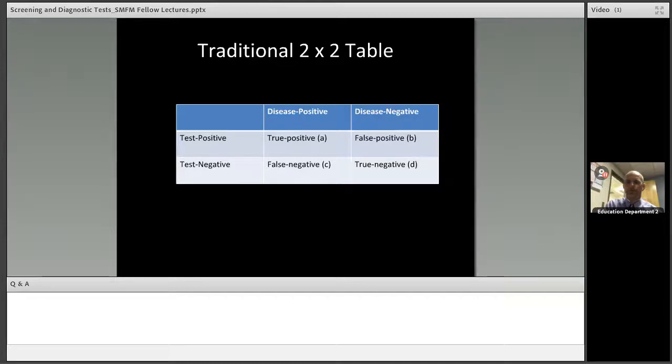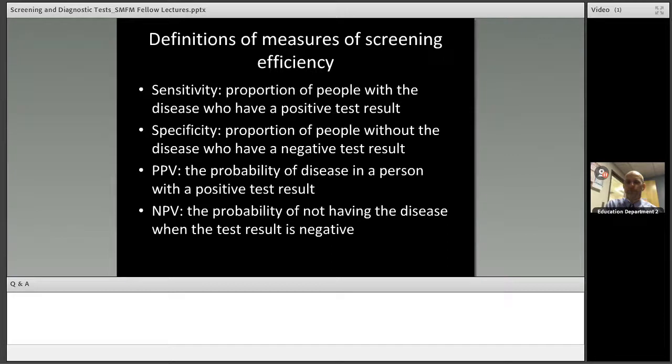And so you then have these four possible scenarios where you have a true positive and a false positive, or a false negative, or a true negative. And so you have the A, B, C, D, and you can then form your 2 by 2 table from which you can calculate your sensitivity, specificity, and your predictive values. So these are the ways we define the efficiency of a screening or a diagnostic test.